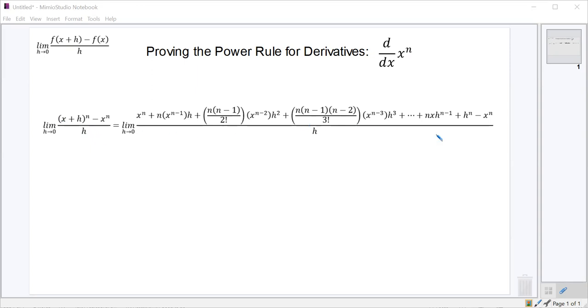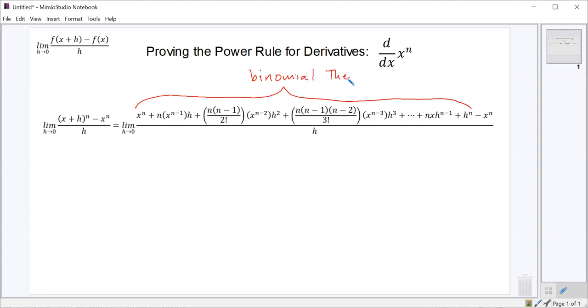And then immediately we jump to this pretty heinous looking thing, but hopefully we recognize that all of this in the numerator, except the very last minus x to the n, is just the expansion of x plus h to the n power using the binomial theorem. This is just the binomial theorem expansion for x plus h to the n.